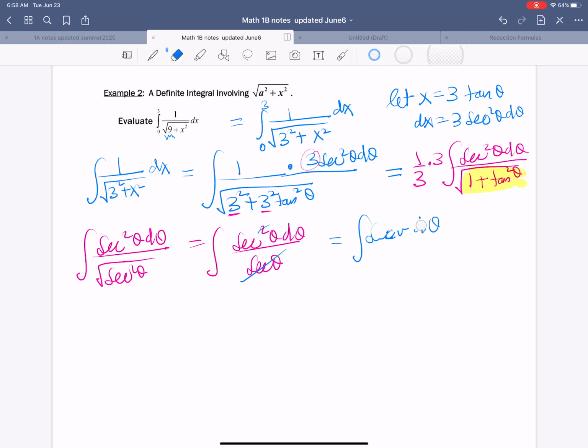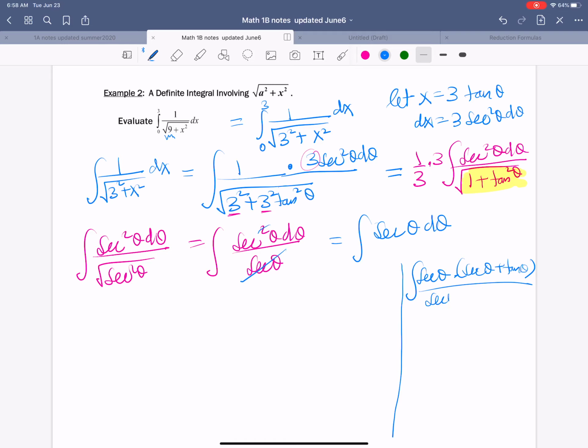Secant theta d theta. And secant theta is one of the special integrals that we saw in the previous sections. How do you evaluate the secant theta integral? You have to multiply top and bottom with secant theta plus tangent theta over secant theta plus tangent theta d theta.